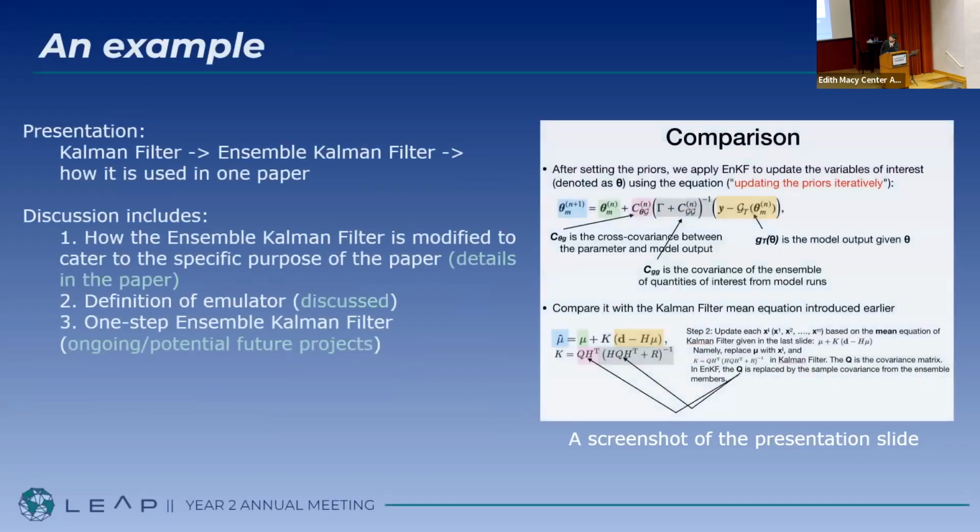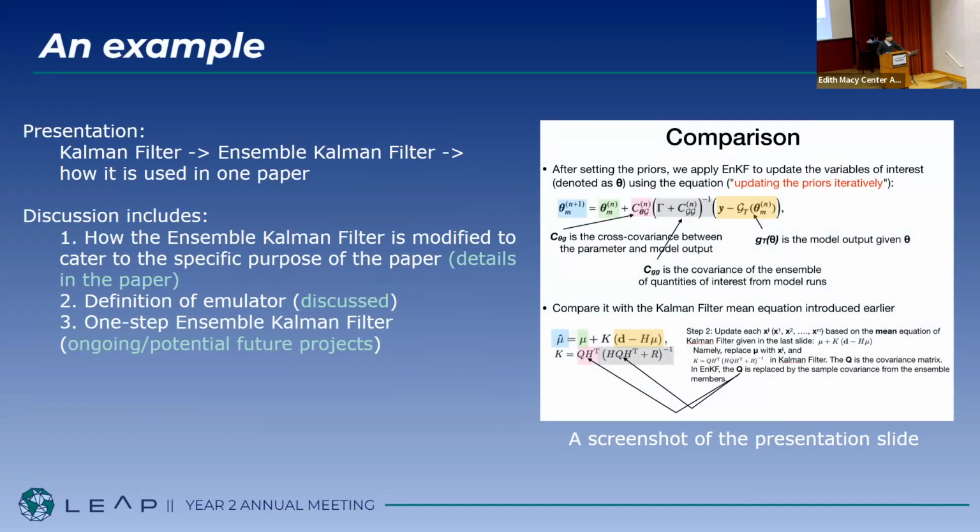Just to give you an example of what we have discussed, we want to see the things you don't see, like I said earlier. So we go with the simplest method, which is the Kalman filter, and then we introduce the ensemble Kalman filter, and then how it is adapted in a paper. You can see an example slide here.